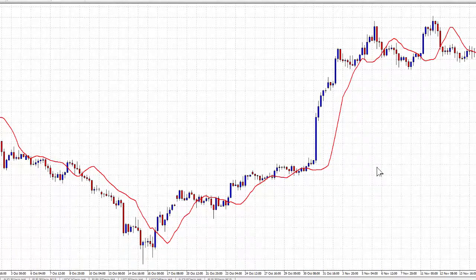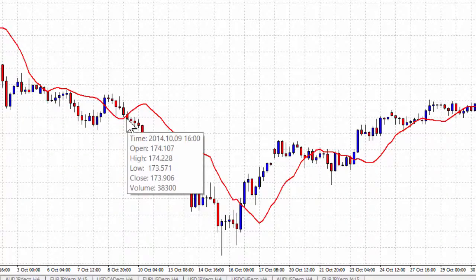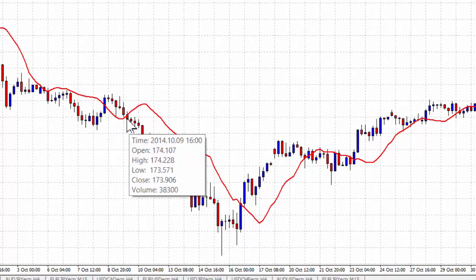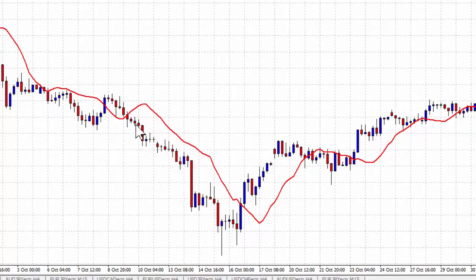So how the moving average system works is very simple. When the price moves over the moving average and closes below the moving average, you would enter a sell, and you would stay in that sell for as long as the price is below the moving average.